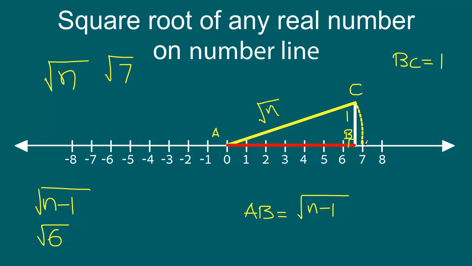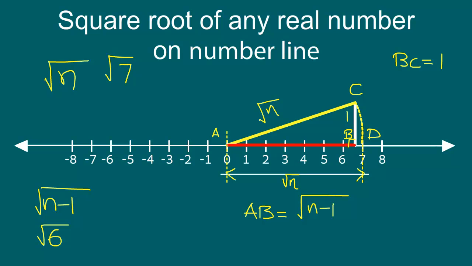Let's call the point where it cuts the number line D. So this length AD will be equal to square root of n.